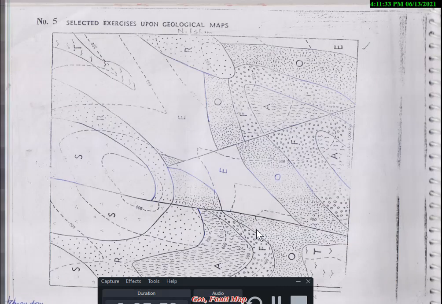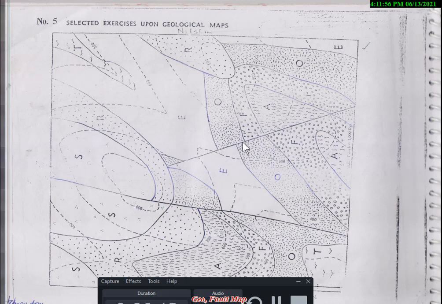Also, if you see this map, there is nothing written about F. Okay, here is F, but it is the name of the beds. But this line indicates a fault line because these beds suddenly disappear here and appear here. Then this bed also disappears here and appears here.